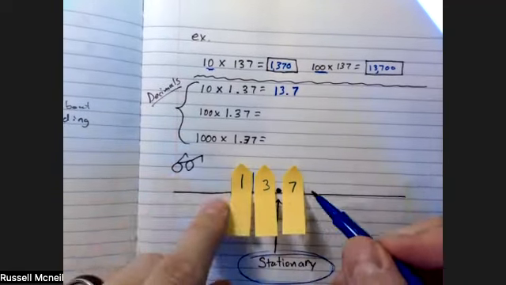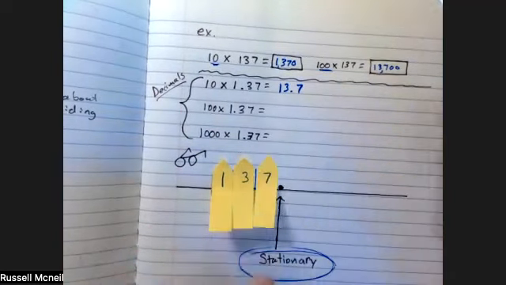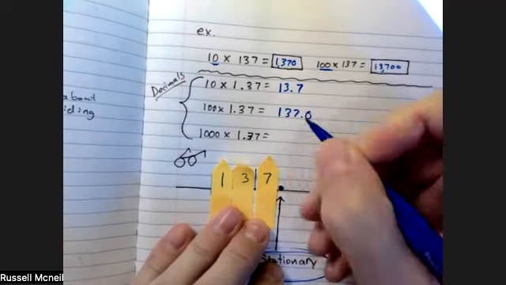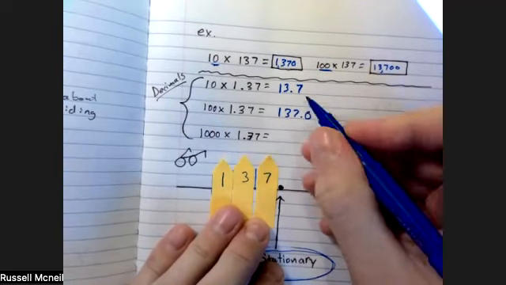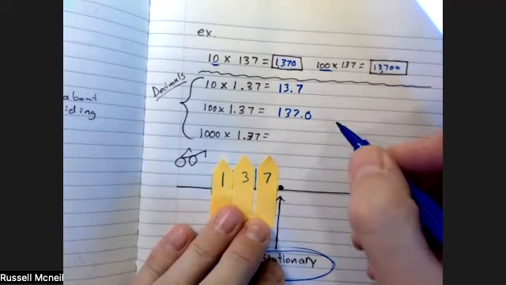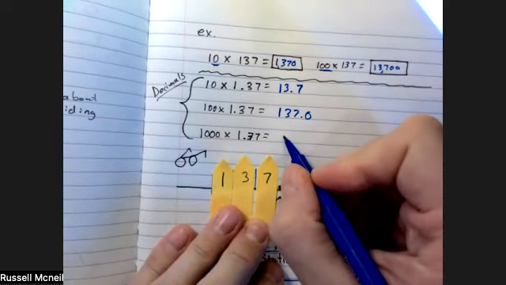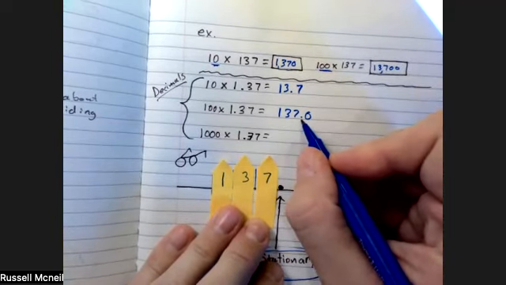Equally, if I'm going by 100, I'm going one more space. Put a guide there so we can keep the spacing correctly. 1, 2, 3. Now I am at 137 decimal 0. Do I need the decimal? No, but for this example, we're going to keep it. Going by 1,000, what do you think it's going to be?